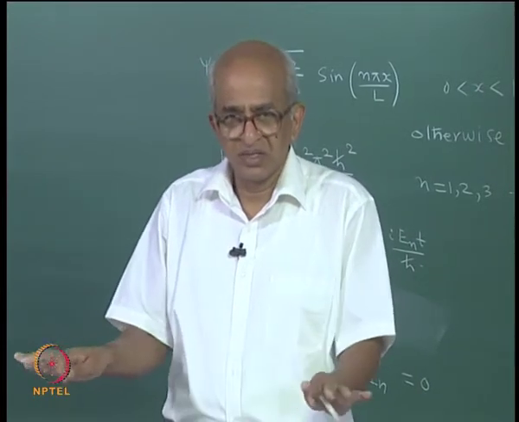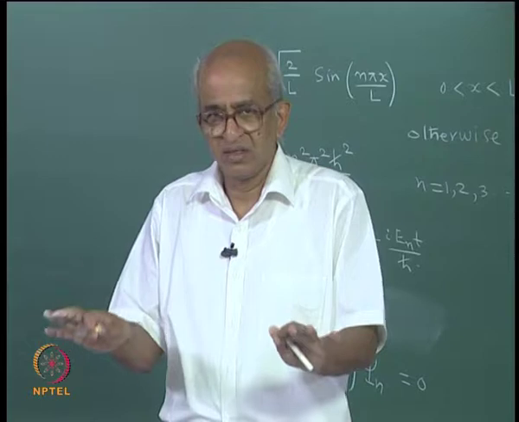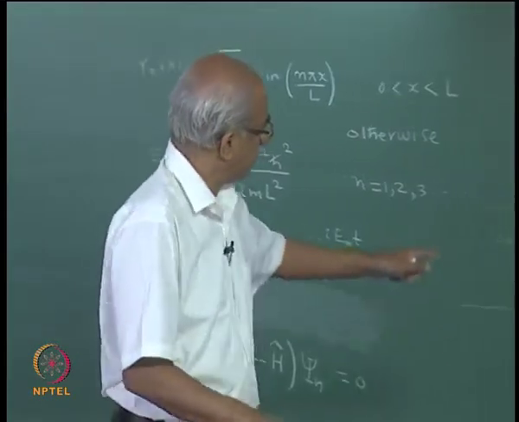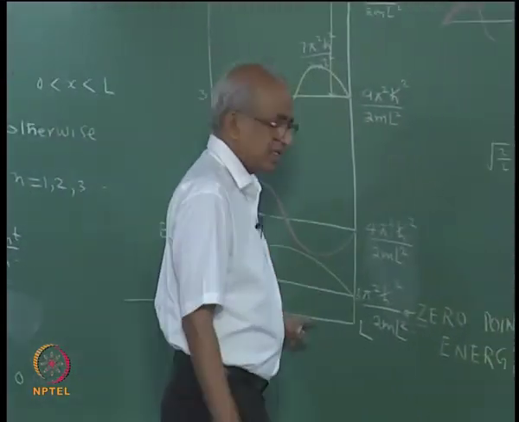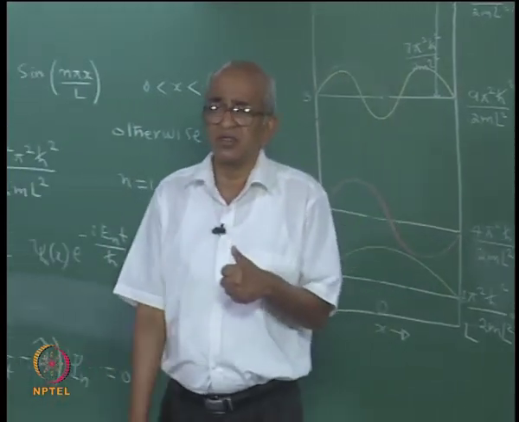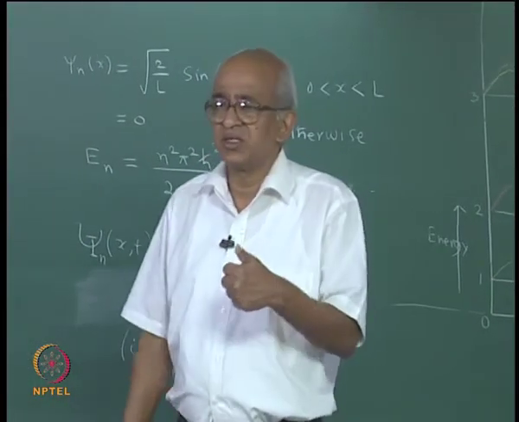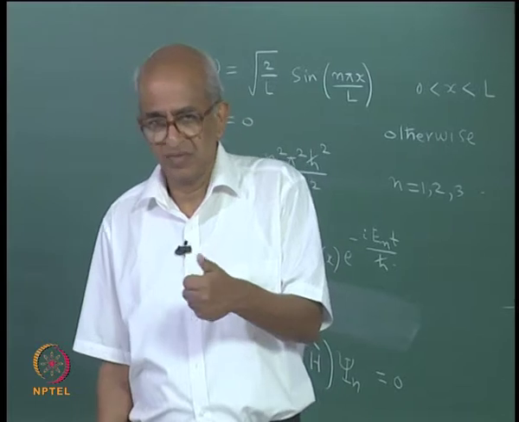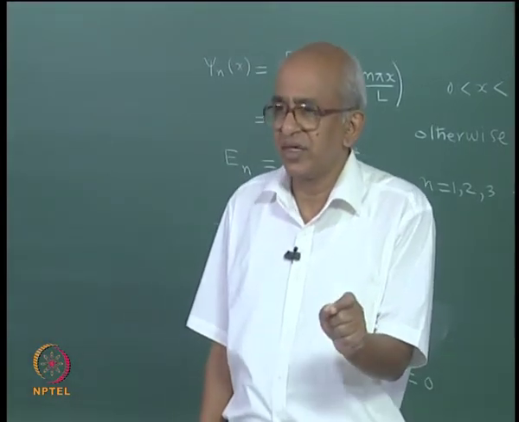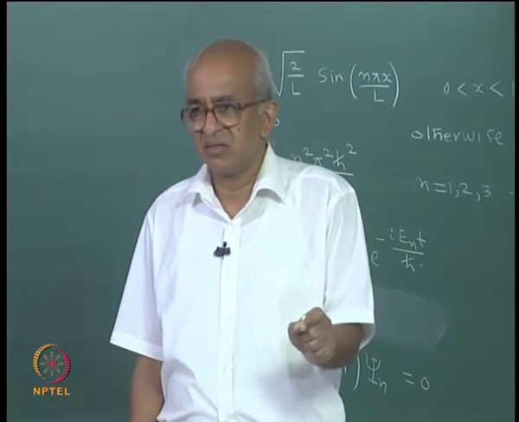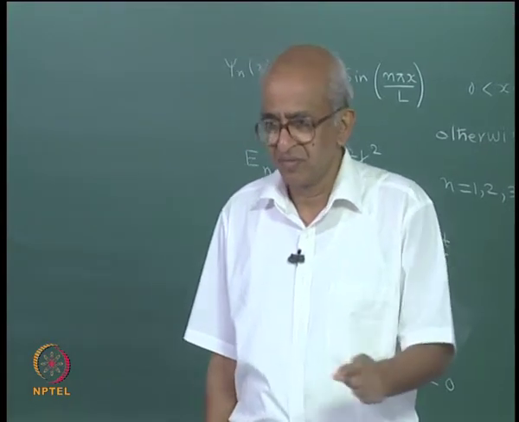But quantum mechanics does not allow that. Even at absolute 0, the system would have that much energy, and we have seen the reason for this. The reason is simply your uncertainty principle. If the particle just sat there without moving, that would violate the uncertainty principle, so it has to be moving.